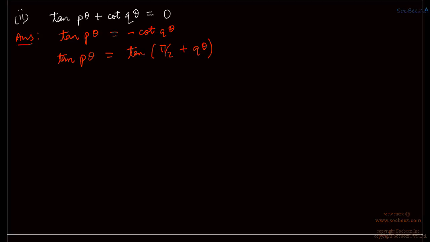So tan of pi by 2 plus q theta should give us minus cot q theta, right? Now invoking the general solution, writing, you get q theta equal to n pi, because n pi gives us all the general solutions, plus pi by 2 plus q theta.